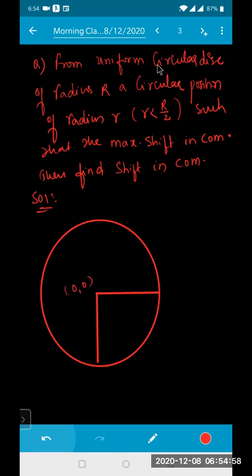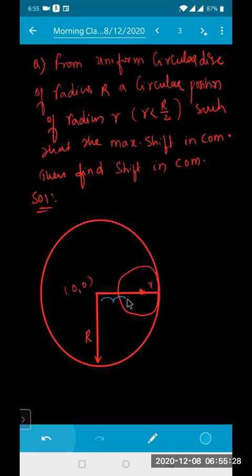A circular portion of radius small r is cut such that there is a maximum shift in the center of mass, and it is cut at something like this. It is touching the periphery and going like this. This is the circular disc, and this is the R.